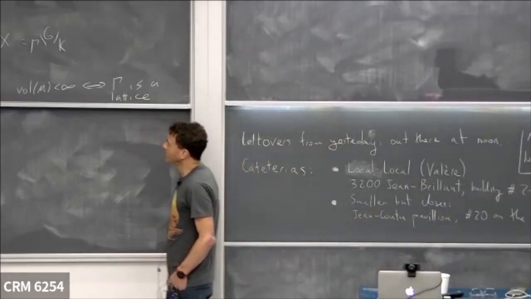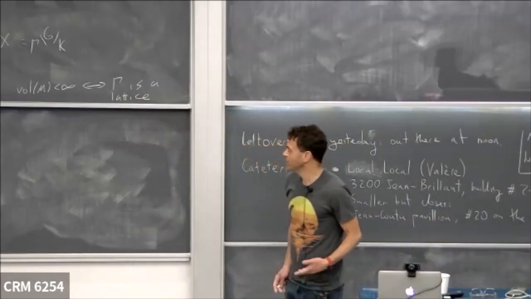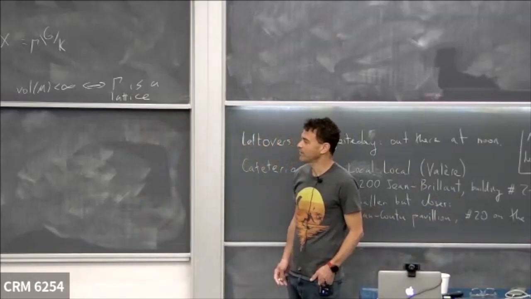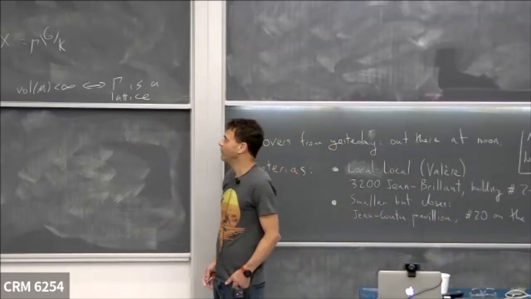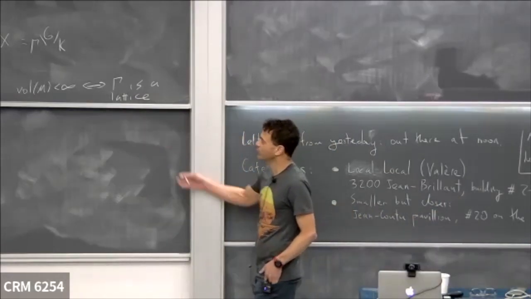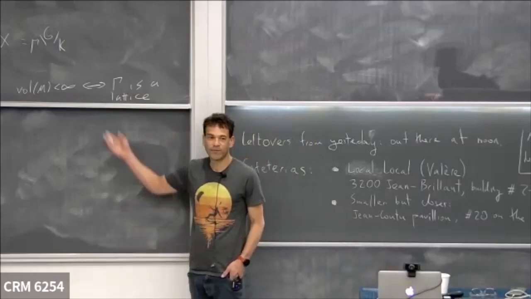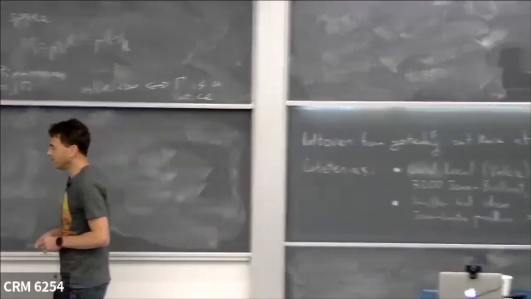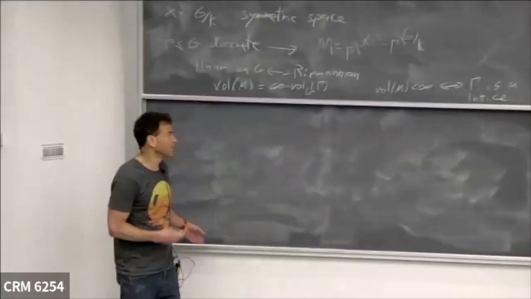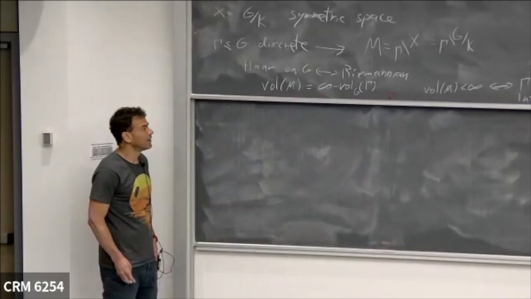Okay, so what I will discuss in these two lectures is a probabilistic method, a random approach to say things about lattices, and also in the last lecture about non-lattices, but discrete subgroups in general.